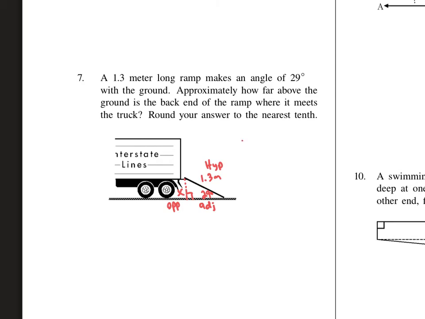Again, we've done this a bunch of times. It's going to be sine. And now our variable's in the numerator, so I can move the 1.3 over to the other side by just multiplying it. It'll be 1.3 times the sine of 29. That equals x.